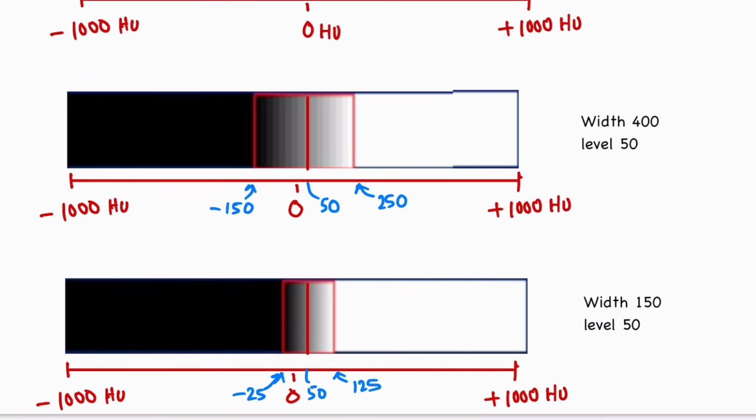The same goes the other way around. If I am taking a level of minus 50 and my window width is, let us assume, around 80, first I will divide my width into two parts around minus 50. So 40 this side and the other 40 this side, and it is leveled at minus 50.